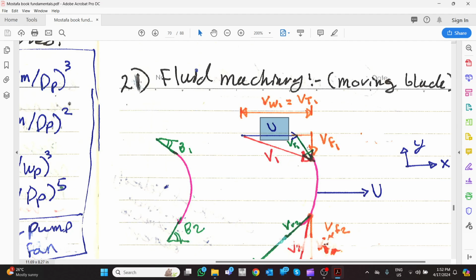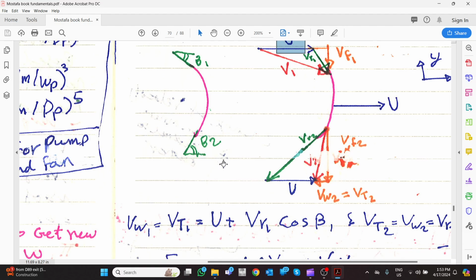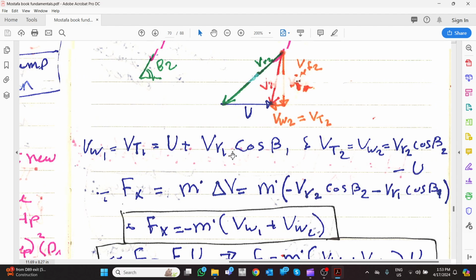VR, we know its direction: the relative velocity is always at the same curvature as the plate. So if I know the curvature angle of the plate, I will know the x component, and from VR I can calculate VW. Bear with me. This is beta and this is beta: beta in, beta out.